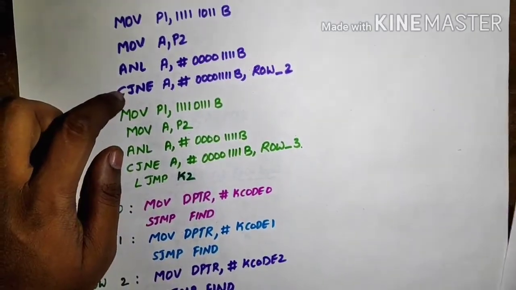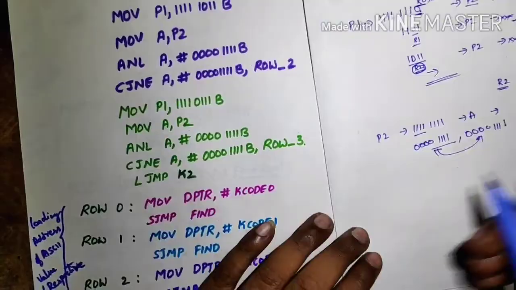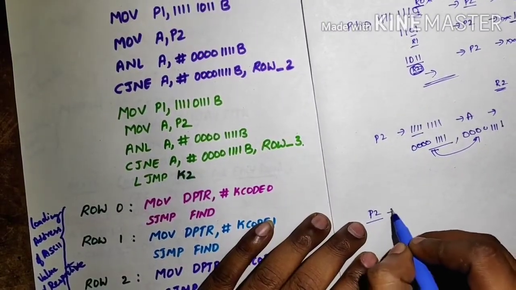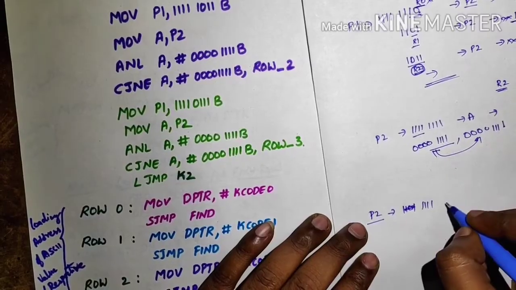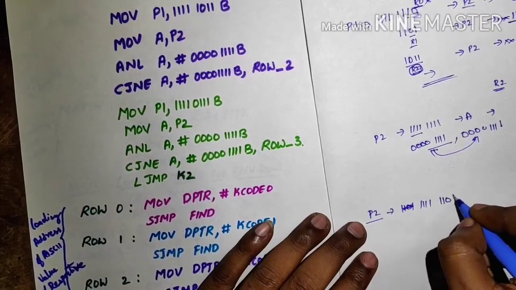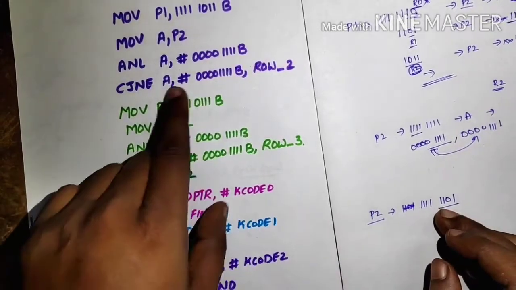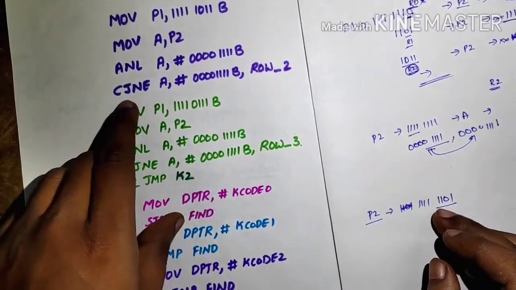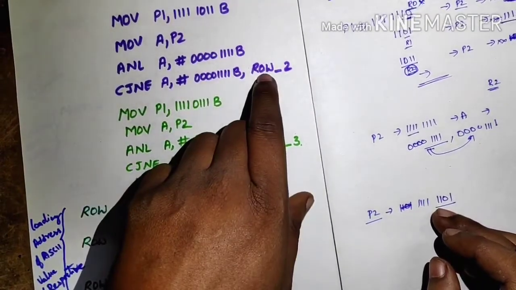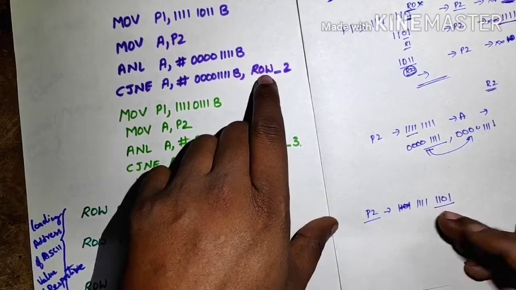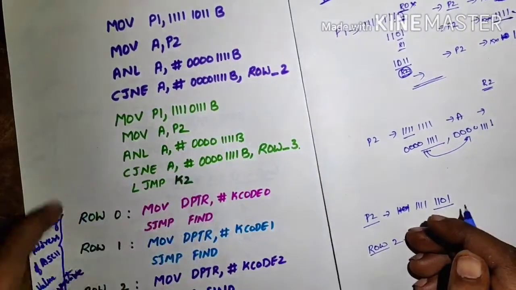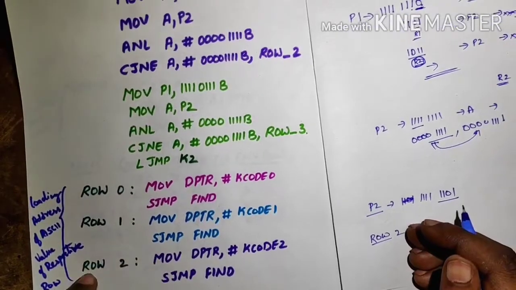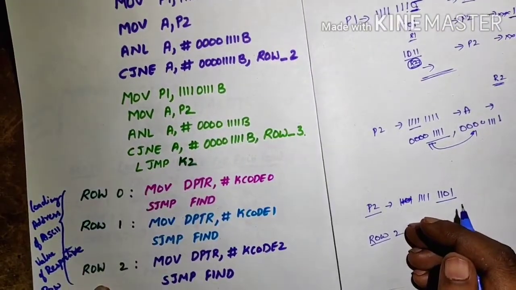In this particular scenario we will get a P2 value of 1 1 1 1 1 1 0 1. Here the condition will be successful and we will move to the subroutine which belongs to row 2, from here to here.